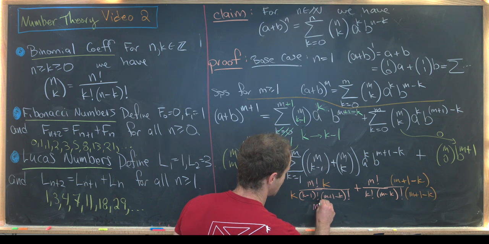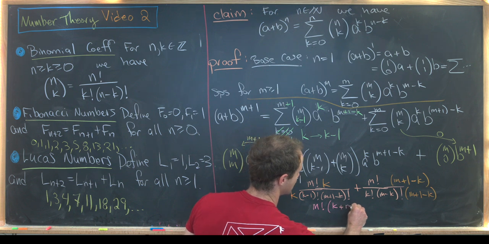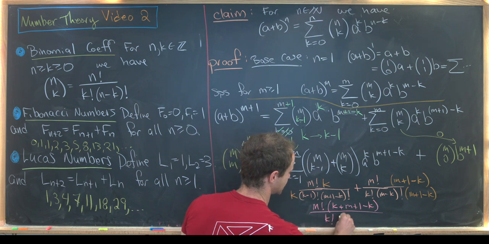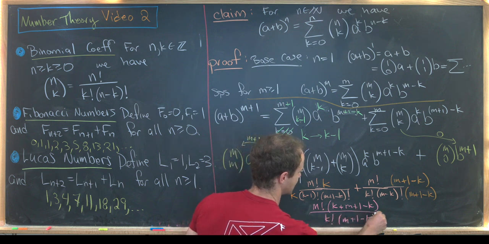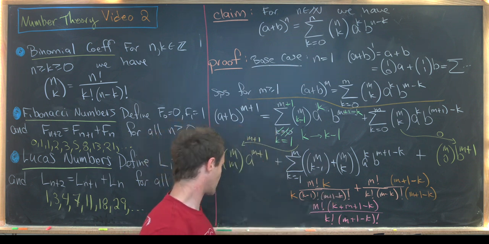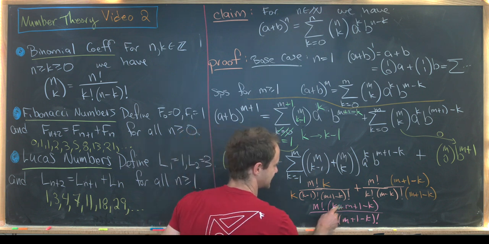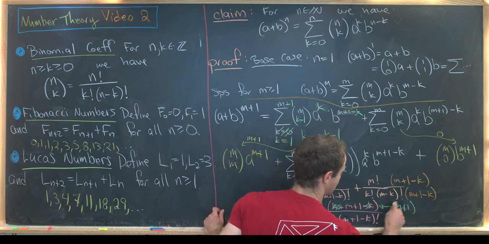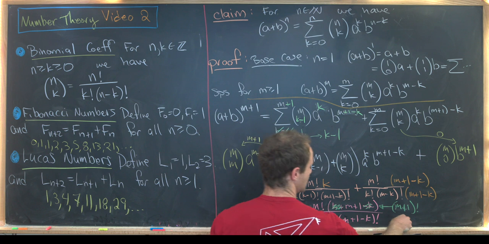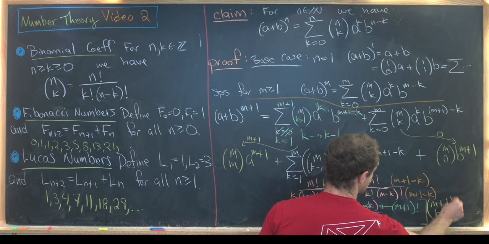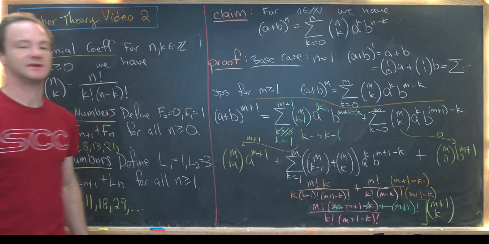We'll be left with m factorial times k plus m plus 1 minus k, all over k factorial times m plus 1 minus k factorial. That's by pushing all those together. But we're finally done, because notice that this k and this k cancel, and in the numerator we're left with m plus 1 factorial. But that means that this whole thing is m plus 1 choose k, which is exactly what we wanted it to be.